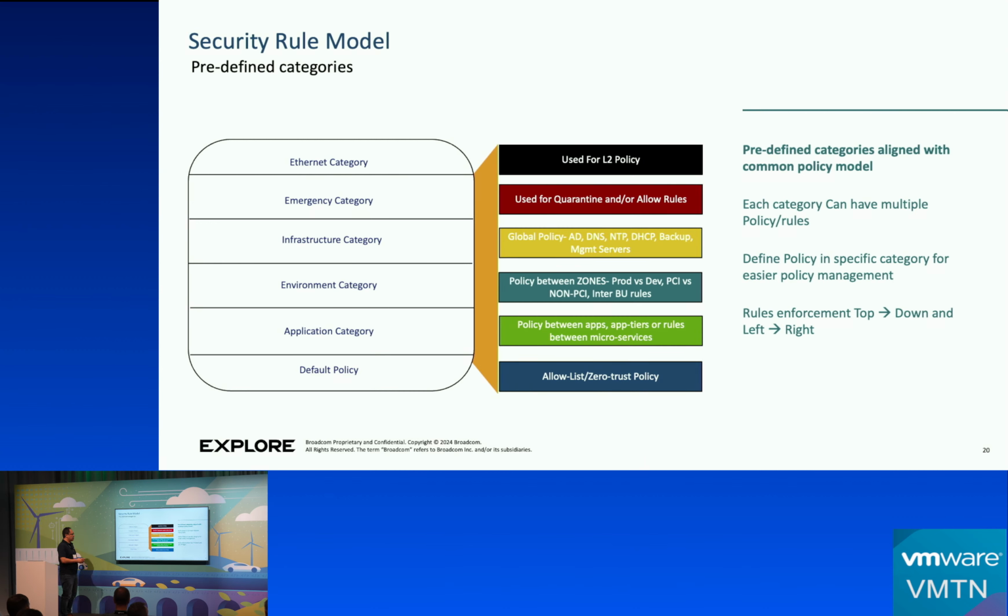The environment categories, production, non-production: how do I make sure they can or cannot talk to each other on a zone level? Then application category, like I mentioned, how can I limit the attack surface by only allowing certain applications talking to each other, or not talking to each other when they sit within the same production zone environment. And last but not least is the default policy, which is the default layer 3 policy in DFW, which is set to any, and which you should normally put at the very bottom in the configuration in NSX.